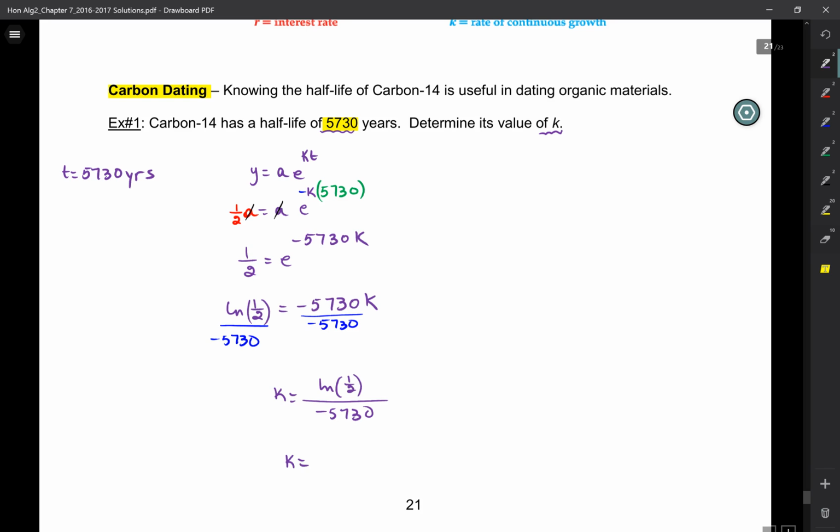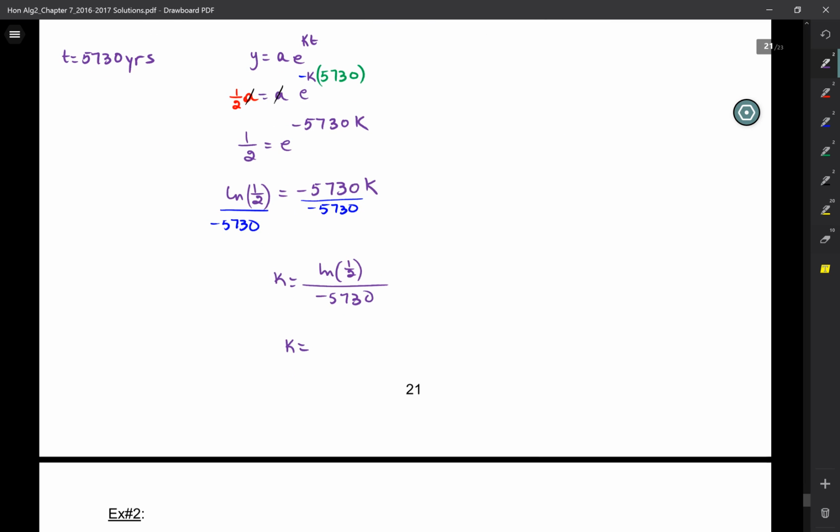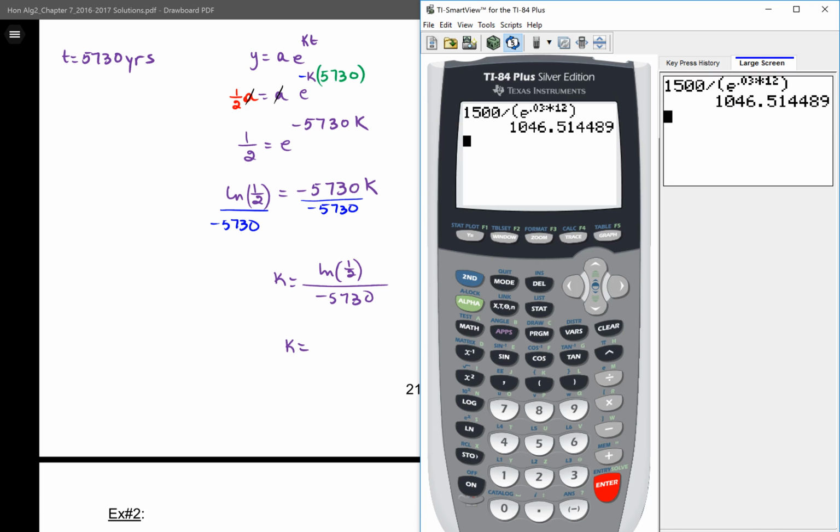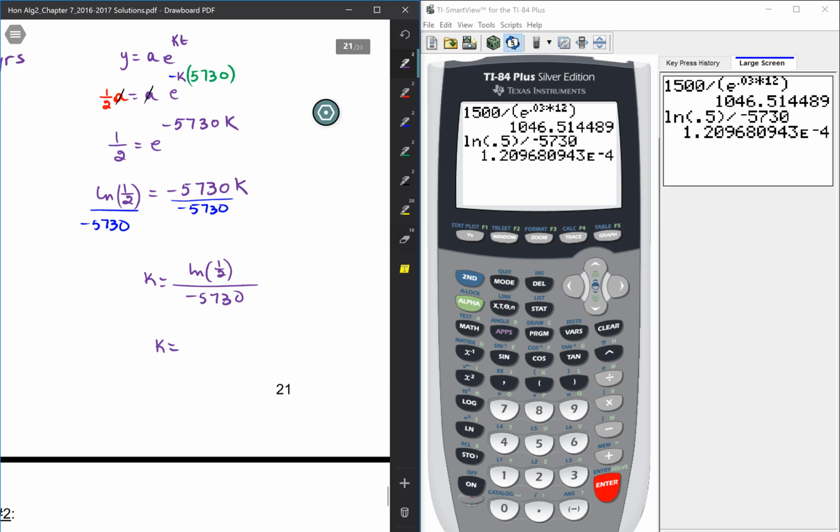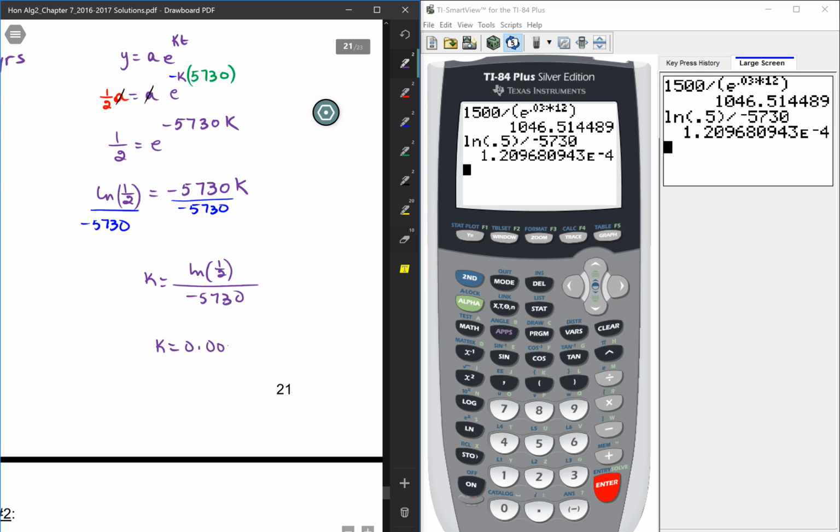And what does that give you? What value? It's a very small number. Okay, so it's ln of 0.5 divided by negative 5,730. So it's this. So there are 3 zeros: 0.00012.